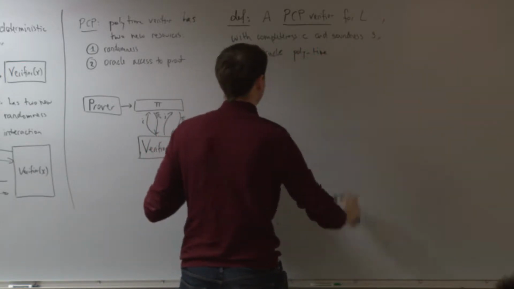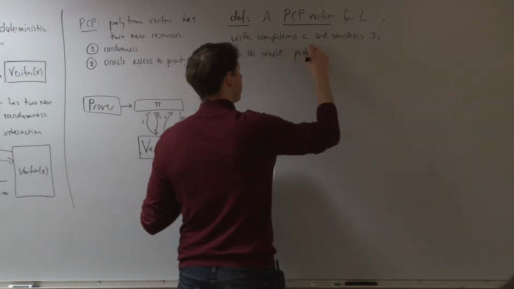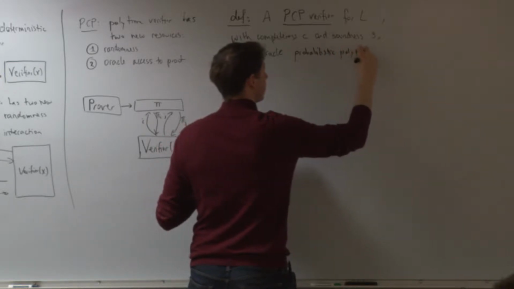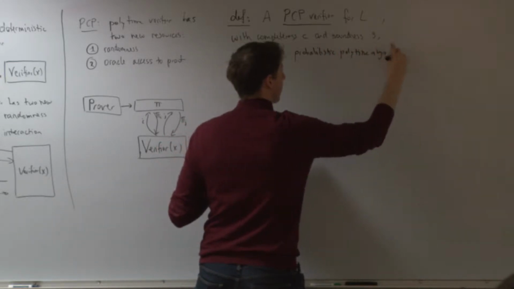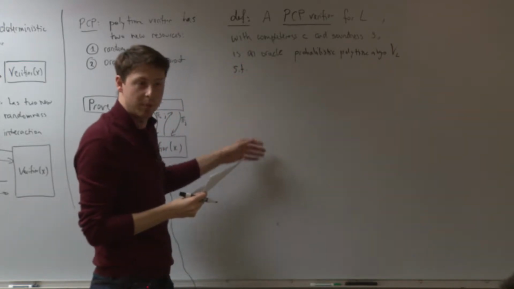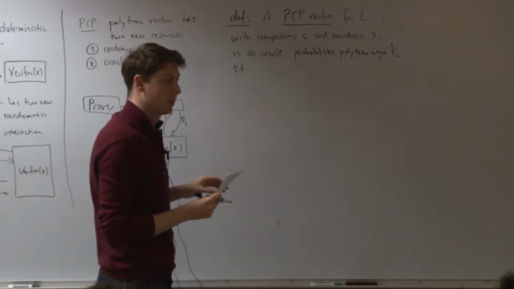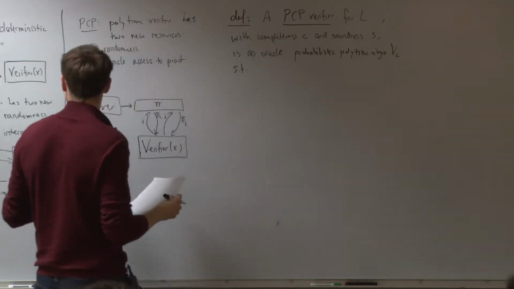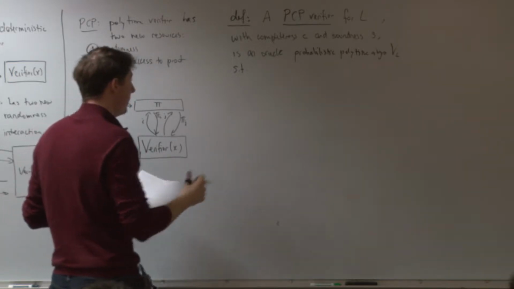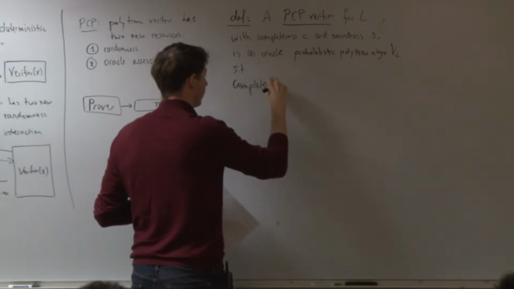In fact, oracle probabilistic polytime algorithm, right? Such that, how many properties do I want to write down here? So, two properties. Yeah, completeness and soundness, right?